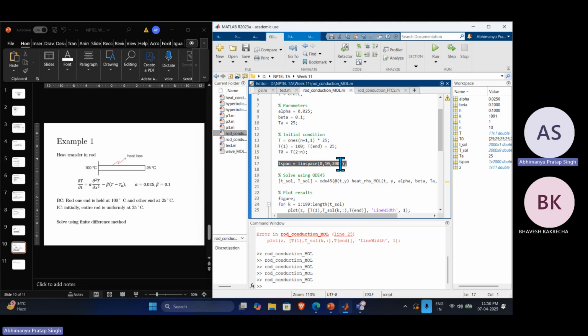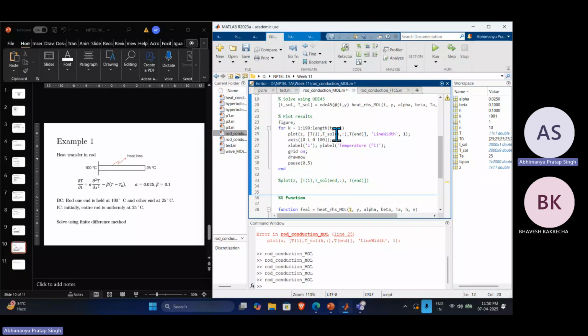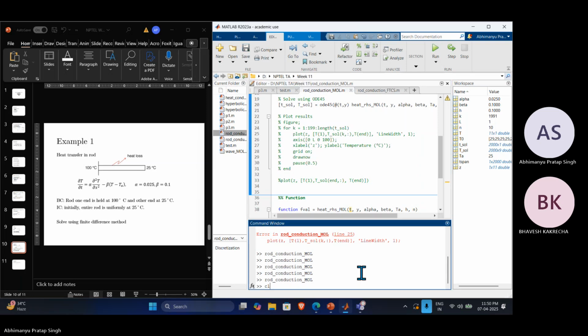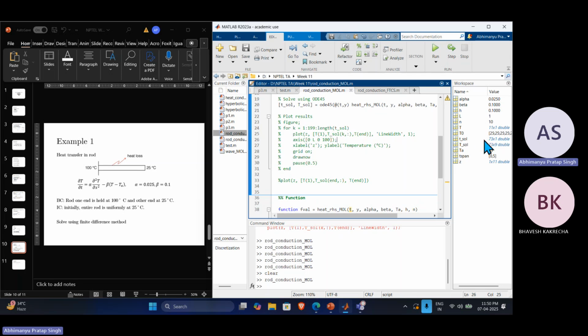So if I don't give this t span, if I just give 0 to 5, now you see the T-sol, I am only getting a 73 cross 1 vector.